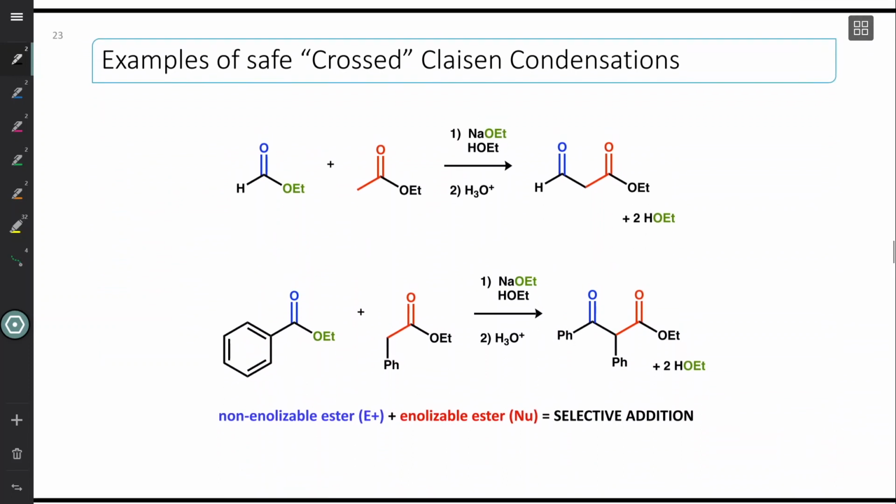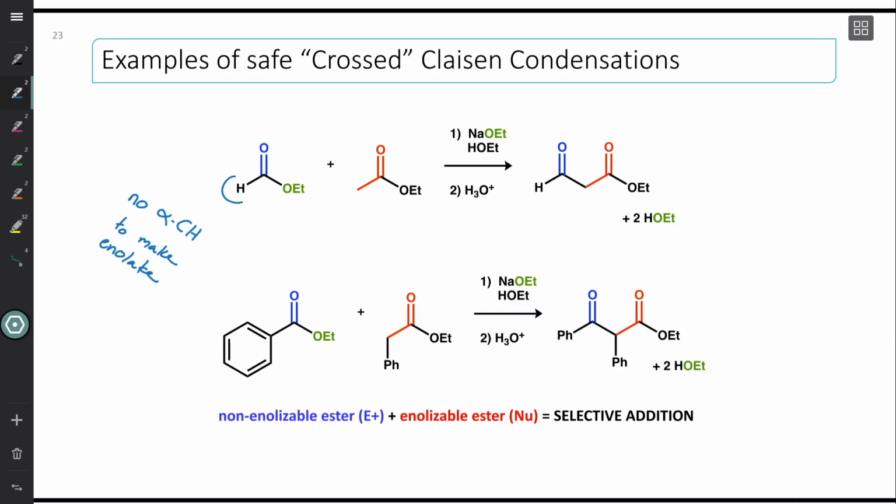Now, just like with the aldol, there are ways to do a safe crossed Claisen. In this case, again, you want to have a non-enolizable ester, so basically have no alpha CH to make the enolate.